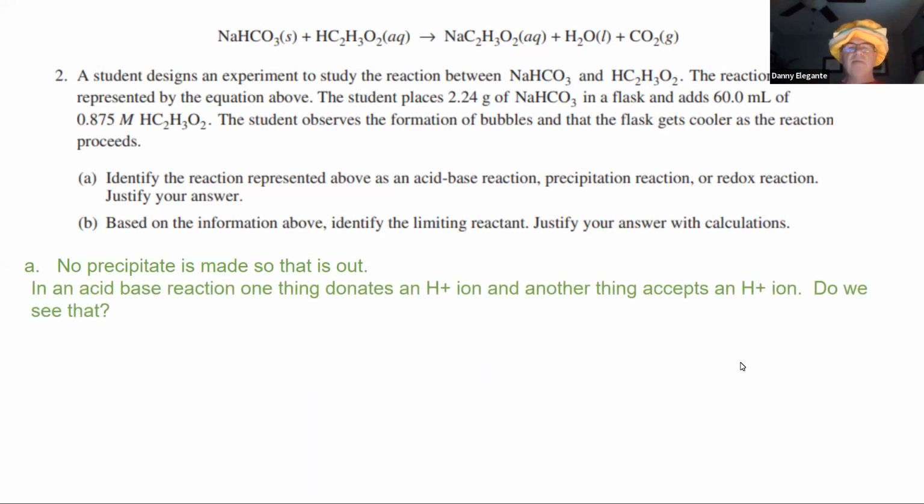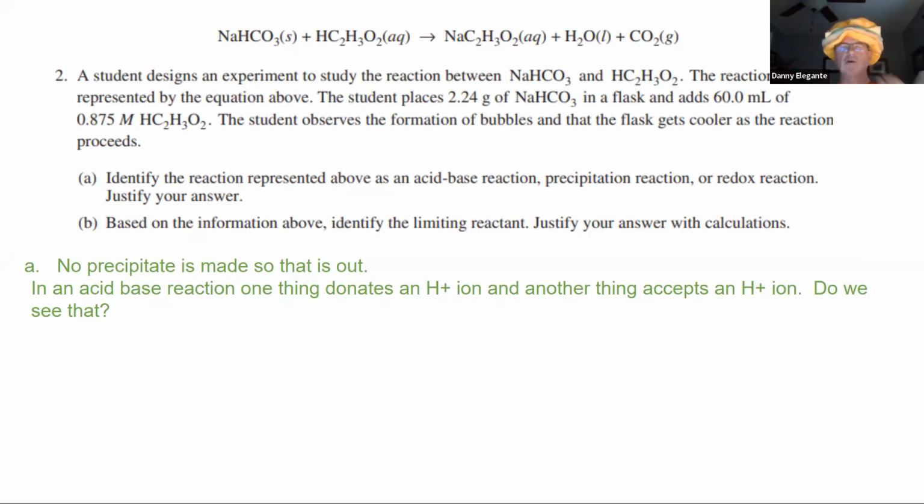In an acid-base reaction, one thing has a hydrogen that it donates, and another thing accepts a hydrogen ion. So that's how we would know if it was an acid-base reaction. So do we see that? Well, let's look. The HC2H3O2 is losing an H, and it's becoming NaC2H3O2.